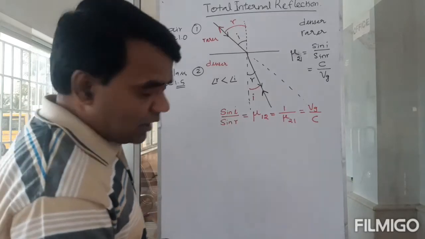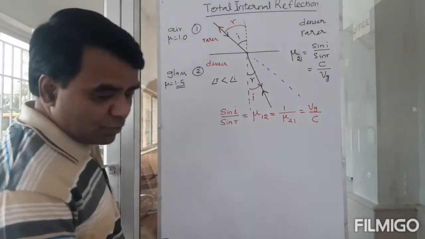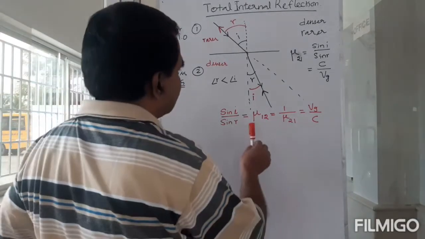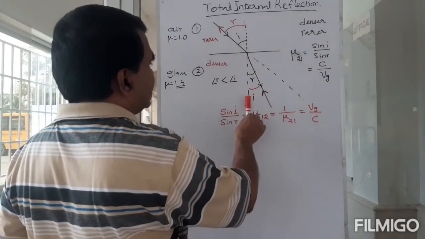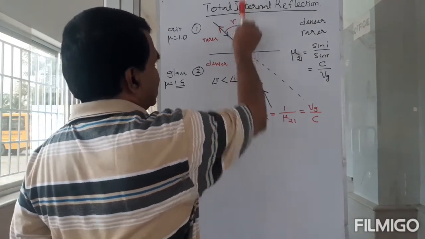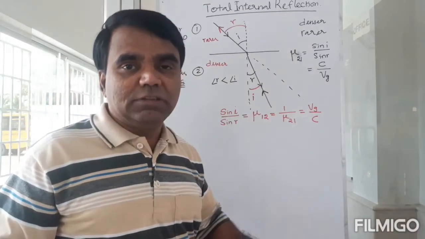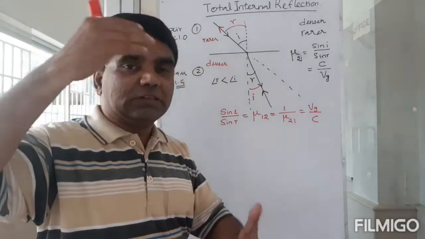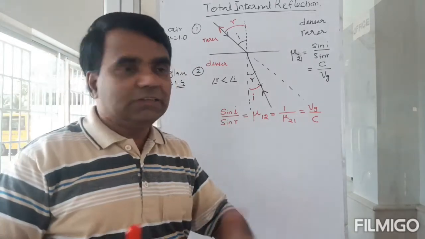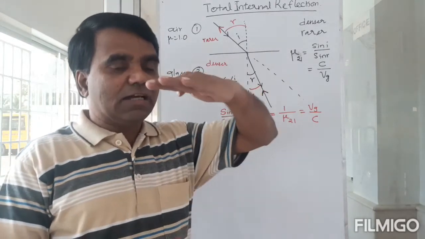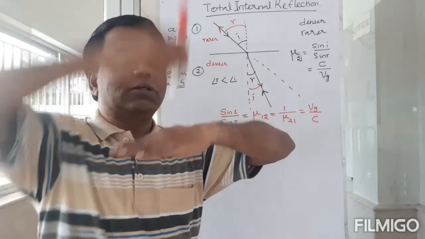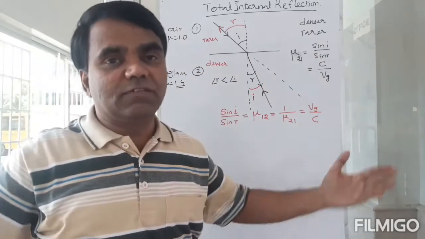So now I'll come back to this experiment. So what happens here? I am sending the light here. Then if I send it through the normal, it will go undeflected. It doesn't matter what medium you have, whether you have air-glass, air-water, water-glass, anything else. As long as you are sending the light through the normal, it will go into the other medium undeflected.